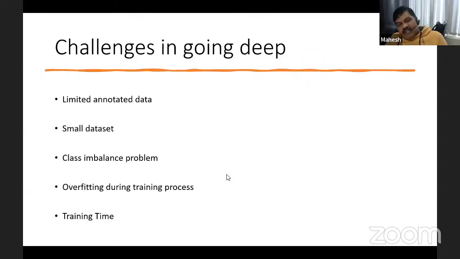Then, what are the challenges of using deep learning? I have listed the challenges. Some we discussed also. One of them is limited data. Next is limited annotated data. What is annotated data? I have thousands of CT images, but I don't know which are the COVID images and which are the non-COVID images.